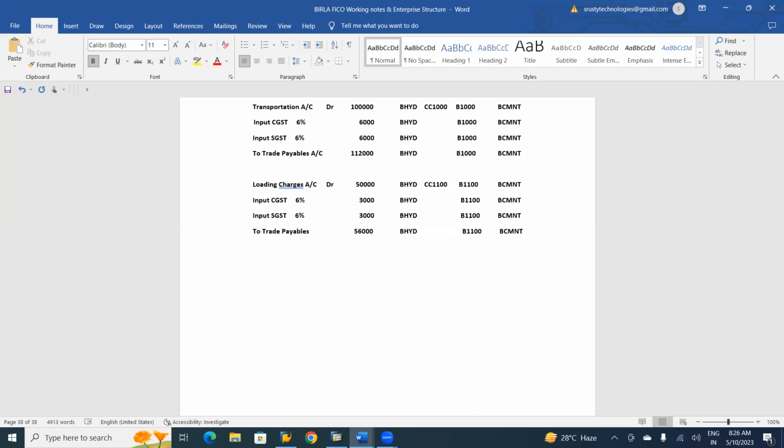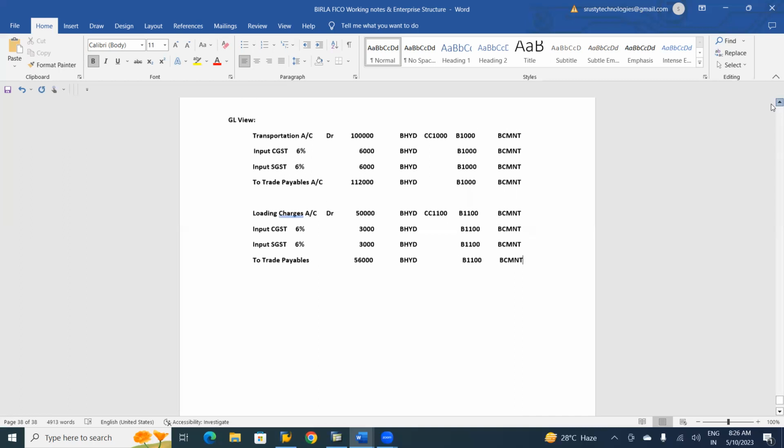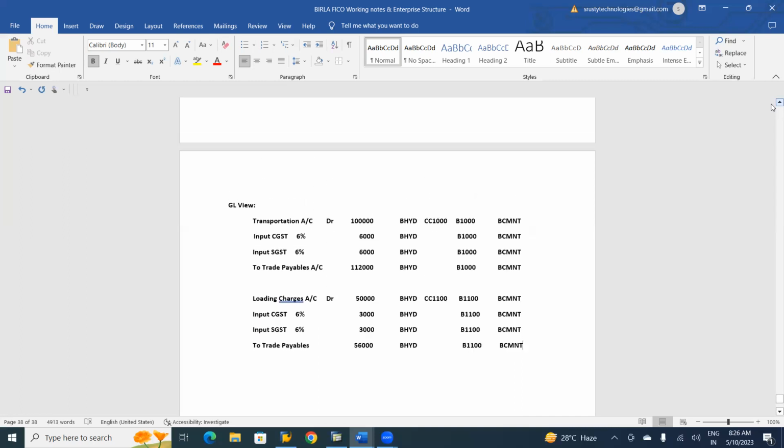Just write it down. Why is zero balance splitting not happening in this particular scenario? Why is zero balance not splitting?